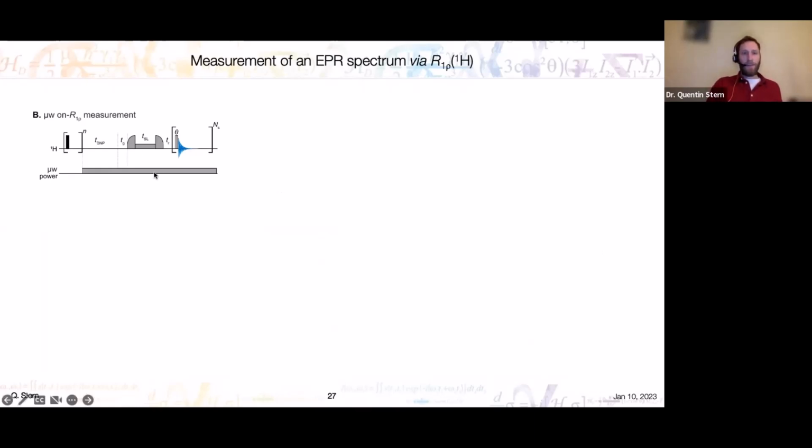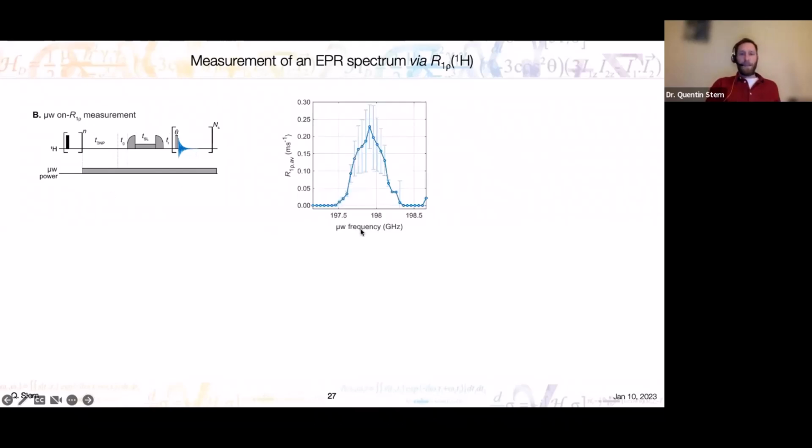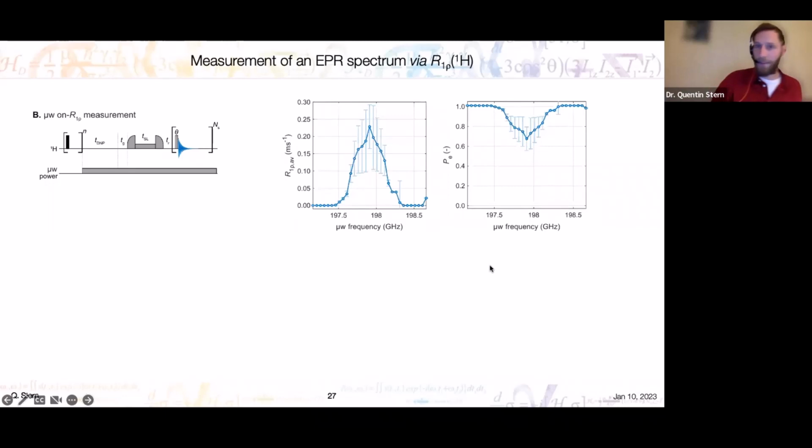So I no longer gate the microwave here. What I do is repeat this measurement for different microwave frequencies. For each microwave frequency, I measure R1ρ, which you see here, and which I can convert into an electron polarization as a function of the microwave frequency.